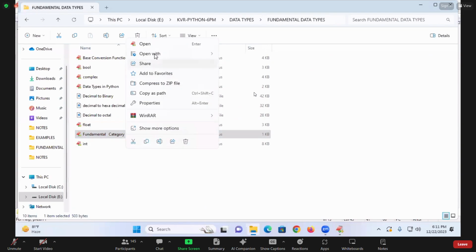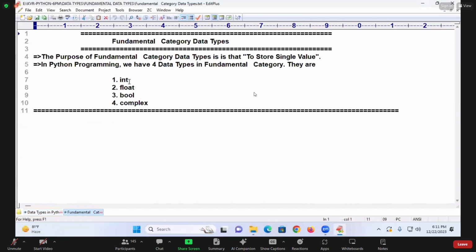There we started with the int type, float type, bool type, and complex, and various questions and various parts I sent already. I hope all of them are there in the Google Drive link.